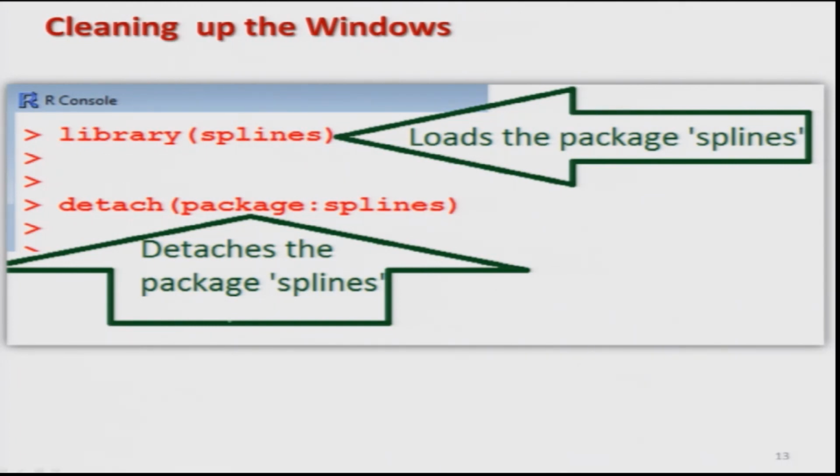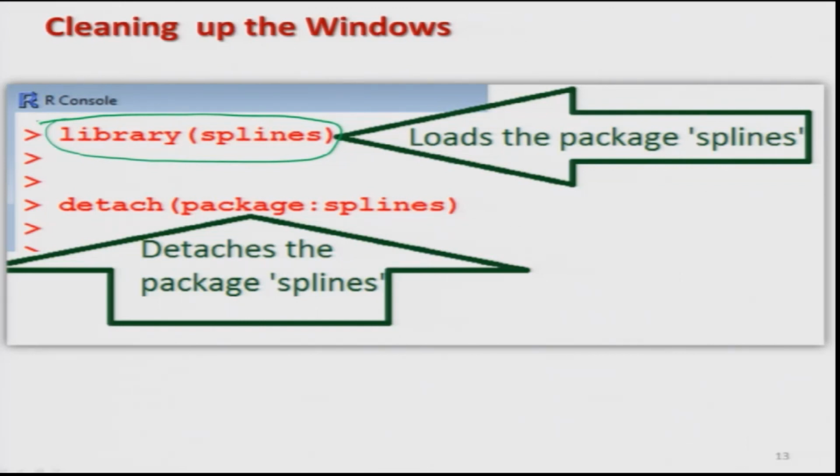For example, in RStudio, suppose I have uploaded a package, say splines, and I have used it in my program, and in the next stage I want to remove this package so that I can use any other package, right.